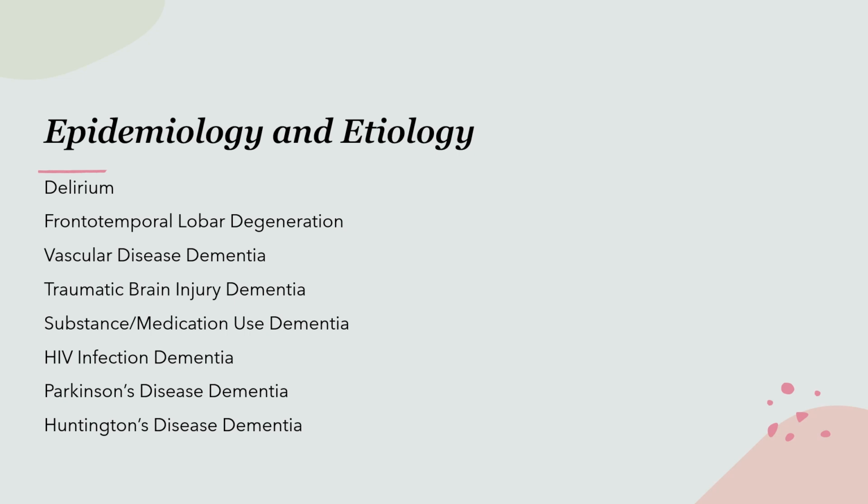And also we may want to get genetic testing for Huntington's disease to reduce the risk of having a child with Huntington's. So those are just some ways we can prevent it.